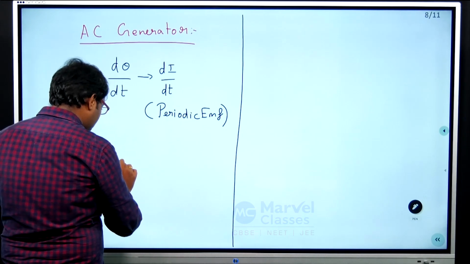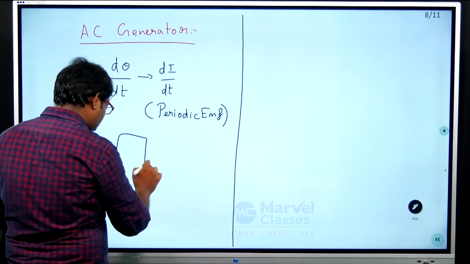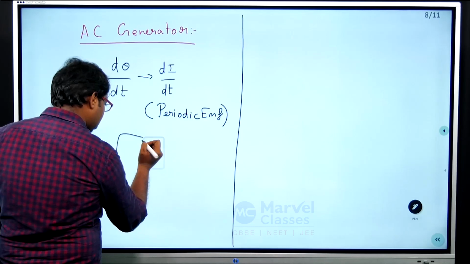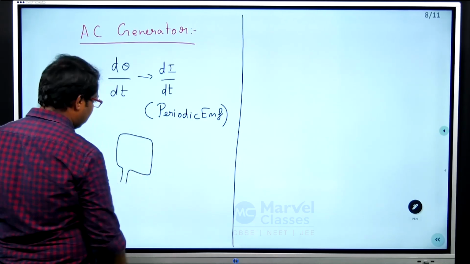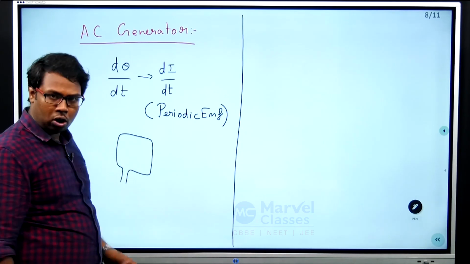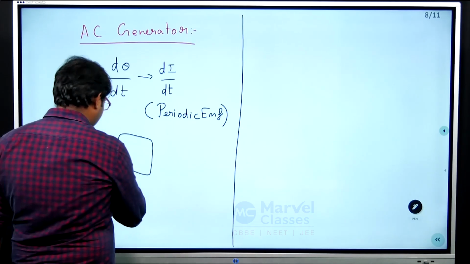I take a coil that looks something like this, and I keep this coil in a uniform magnetic field.